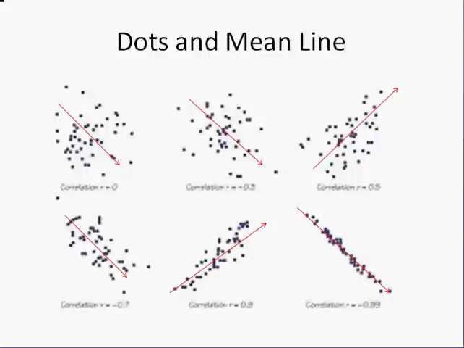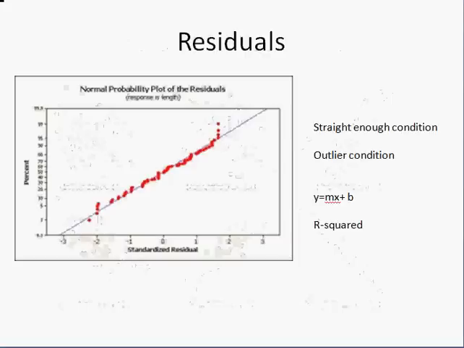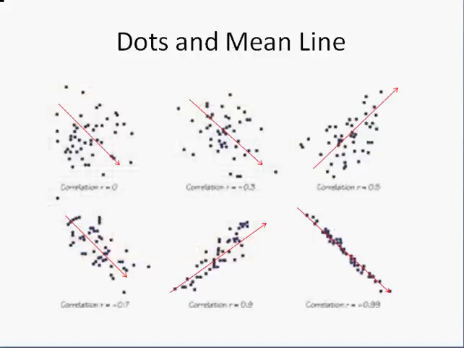The distance between the dot and the mean line should be at a 90-degree angle. So let's pretend we want this dot. We draw a 90-degree angle to there. Just make it red again. It should be about 90 degrees. If not, it's fine.